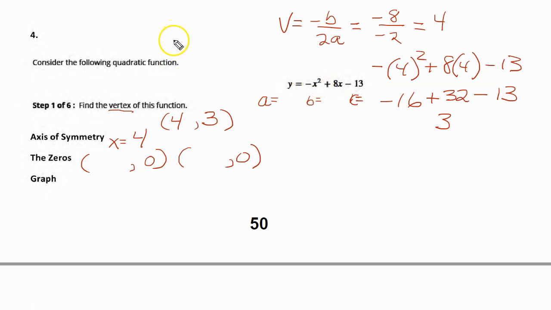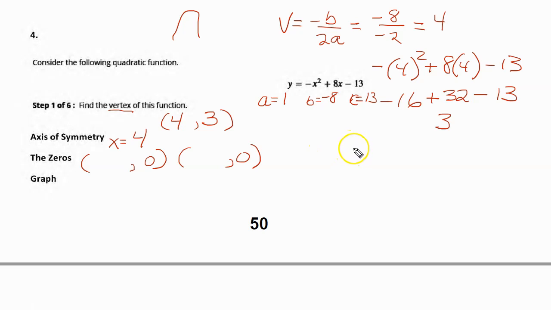We know it's going to open upward already. But now we want to solve to find the zeros. So we're going to make A a 1, change signs, B a negative 8, and C a 13. That is, just change all the signs.